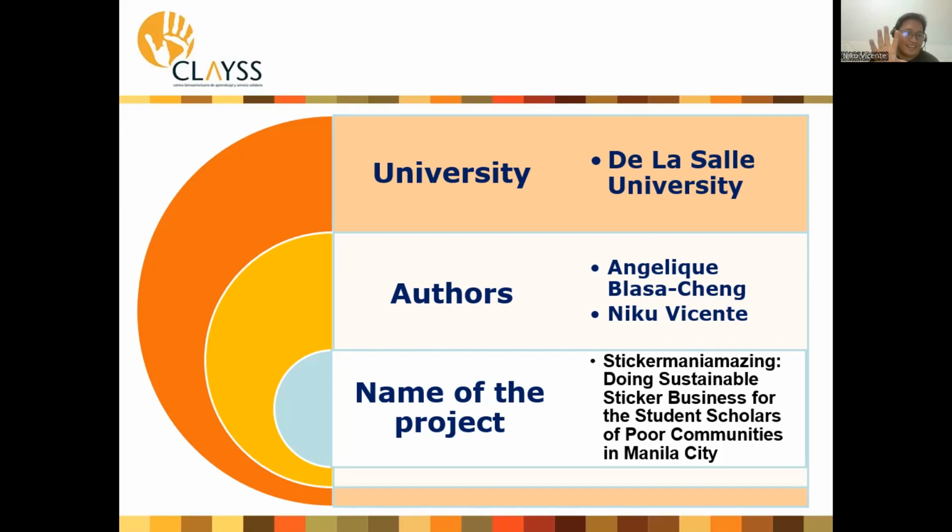In the livelihood programs they have different projects, and this is just one project in that program, with different service learning activities. This is the name of the project: Sticker Mania Amazing, doing a sustainable sticker business for student scholars of poor communities in Manila City.